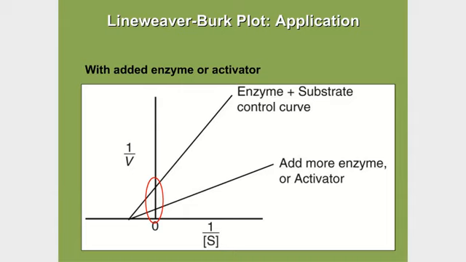If the velocity is increasing and the Km is not changing, what that's telling you is either a hormone is being released to increase the number of enzymes, or an activator is being generated to increase the activity of a particular enzyme. Because the velocity is increasing, the Km stays the same. Also, another issue here. Please don't get confused.